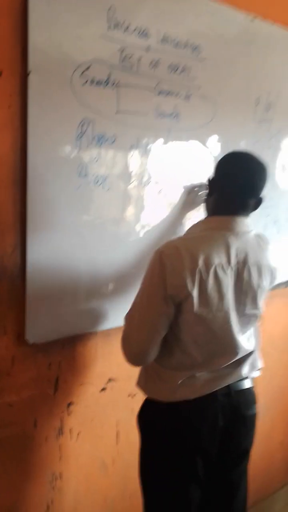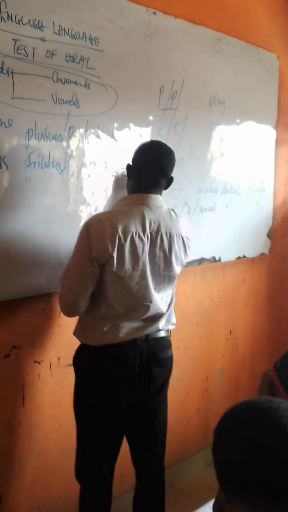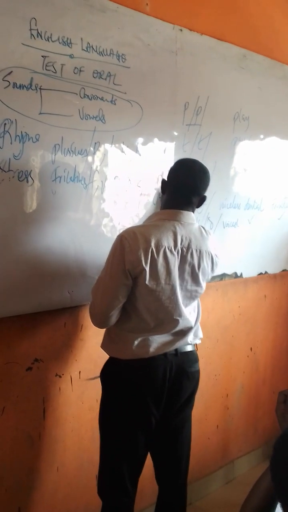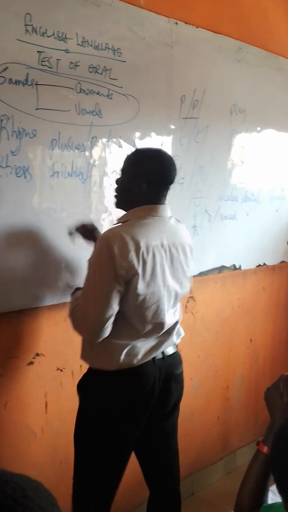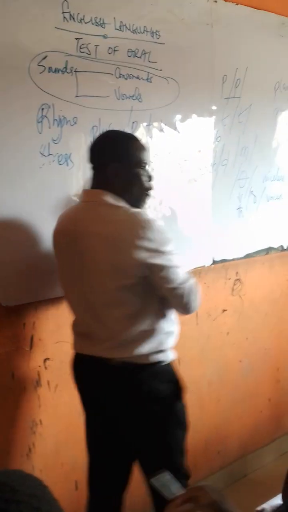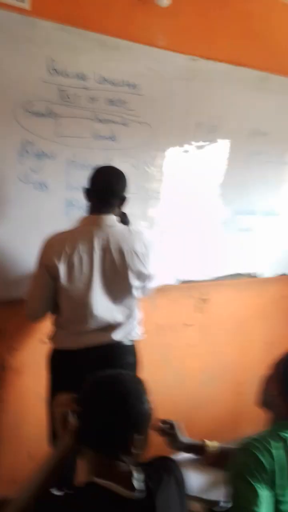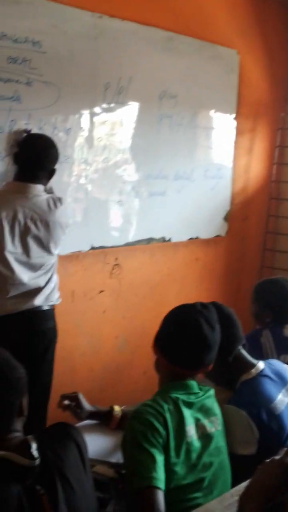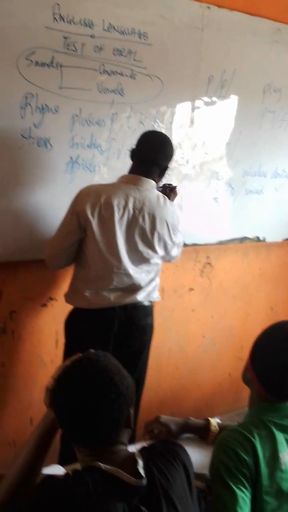Your fricatives are f, v, s, z, sh, zh, and h. Nine of them. Six plus nine. Then the affricates. Those are ch: t plus sh gives you ch.